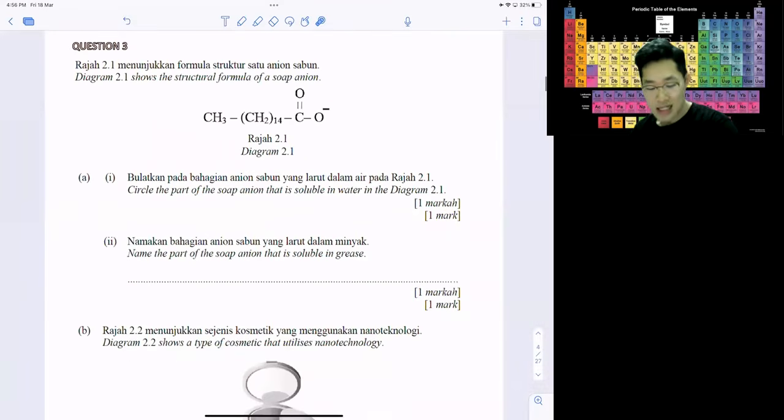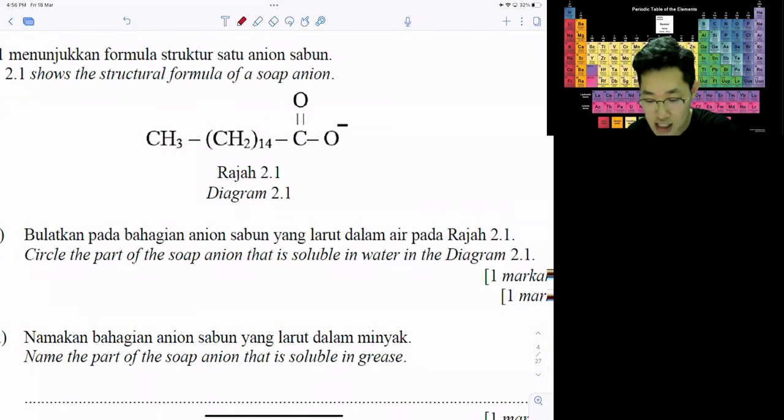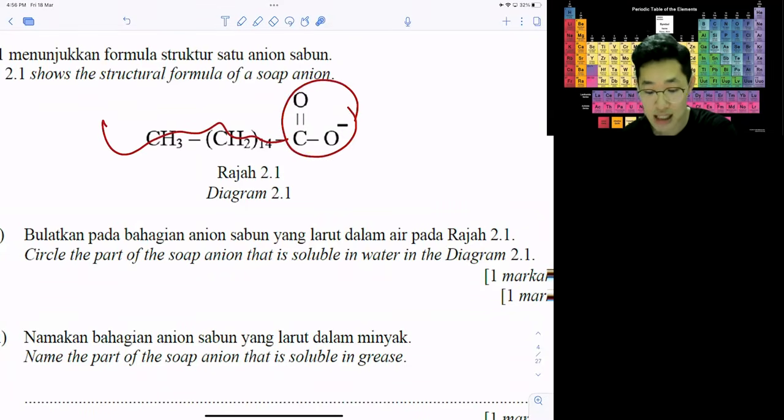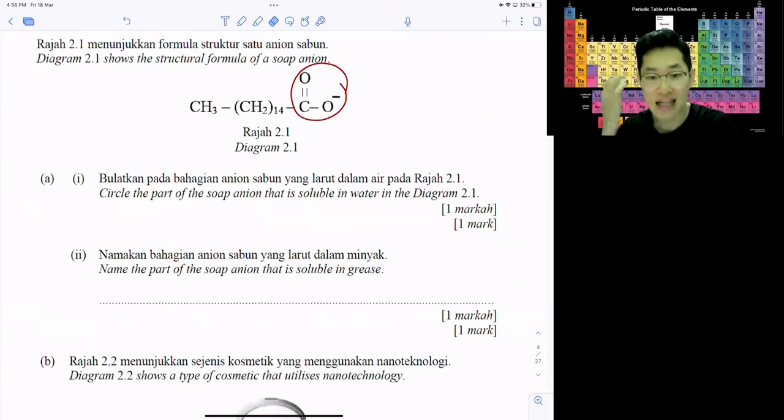Circle the part of soap ion that is soluble in water. So remember, this is the head. The negative head is soluble in water. So I circle this part, COO minus, and this part that dissolves in water is called which part?